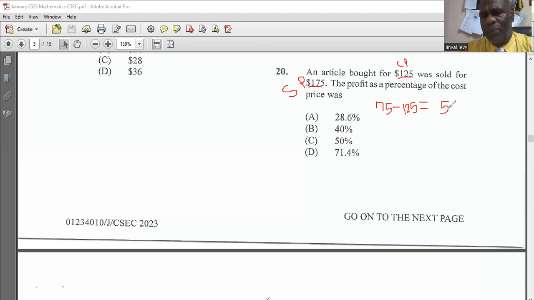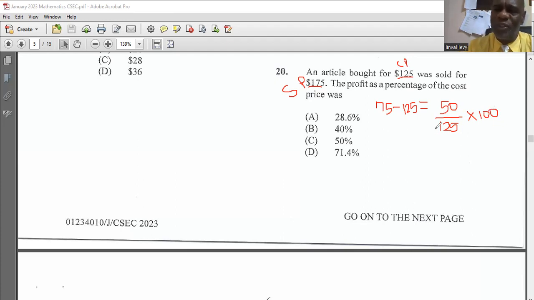And they want to find out about this 50 now. This is the profit as a percentage of the cost price. So the profit would go over the cost price, which is 125. And it says percent, so that's times 100. Good.